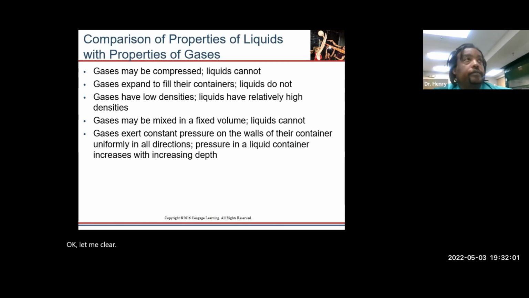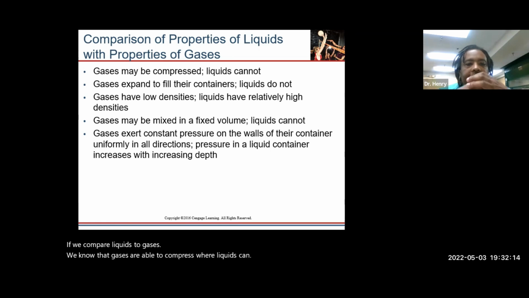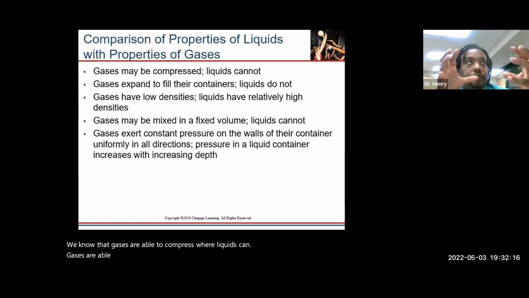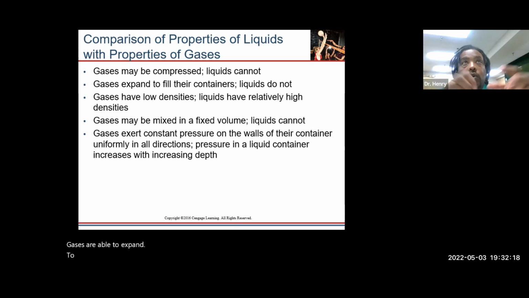Okay, so we compare liquids to gases. We know that gases are able to compress where liquids can't. Gases are able to expand to fill the container where liquids don't. Gases are low density. Liquids are relatively high density.